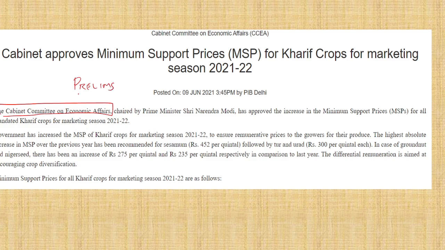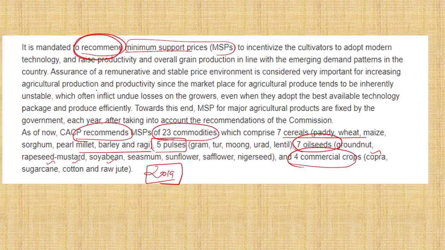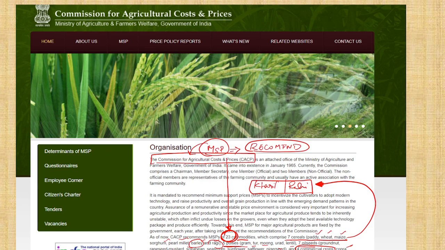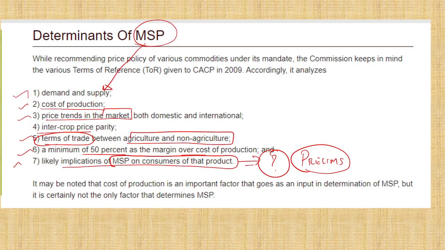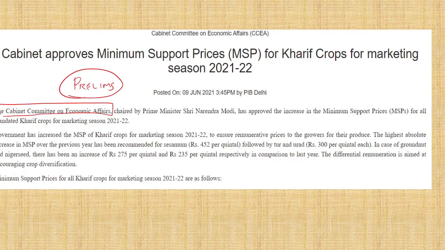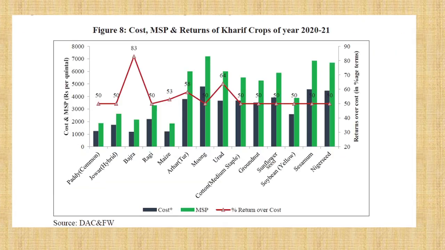They will say that this Commission for Agricultural Costs and Prices decides. No, it is recommending. This word recommending, prelims will keep asking. They are recommending, but it is decided by the Cabinet Committee on Economic Affairs headed by the Prime Minister. This is key. Headed by the Prime Minister, the Cabinet Committee on Economic Affairs. Please look at it.